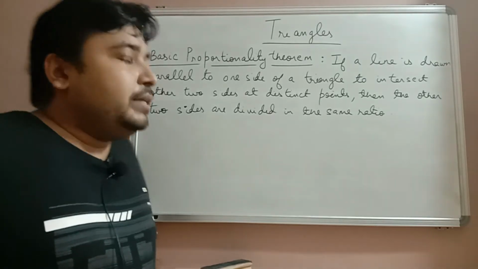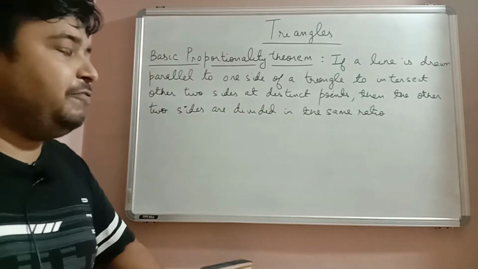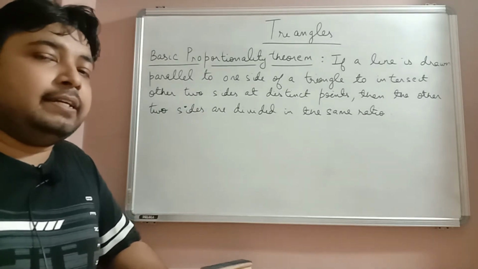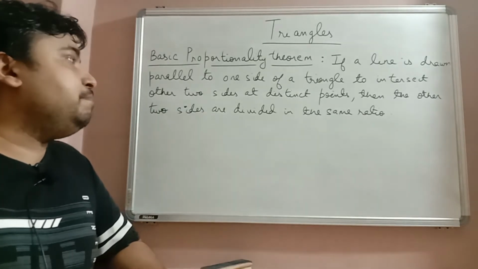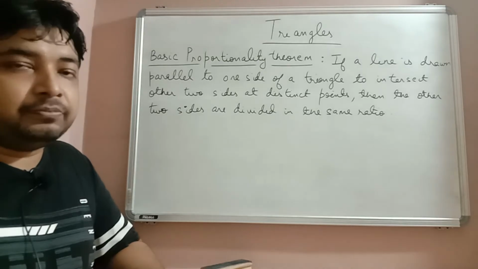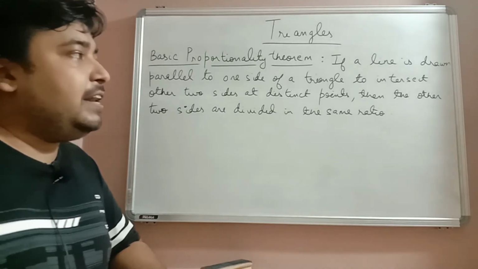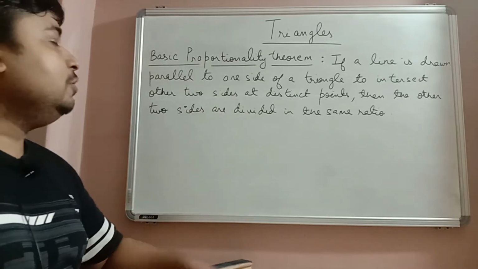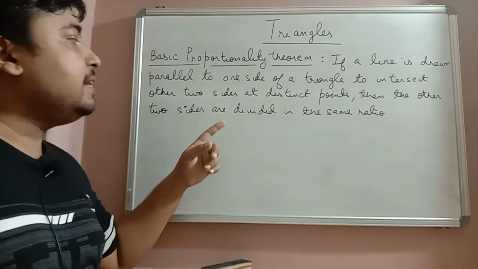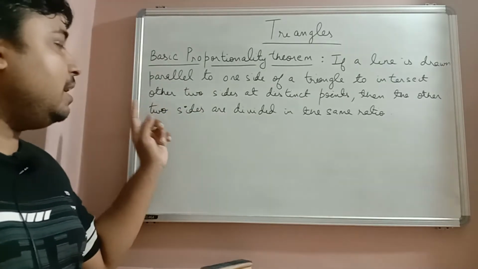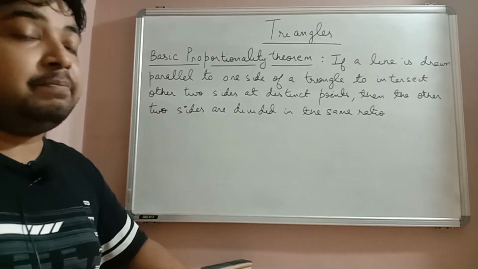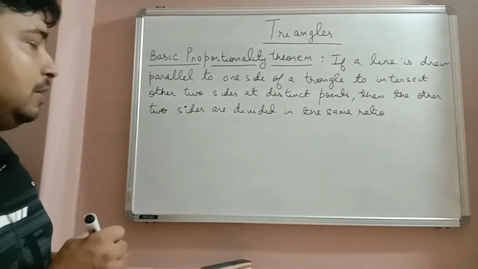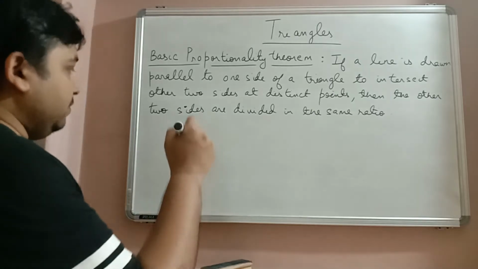Alright students, let's take up a very important theorem based on triangles, that is known as the basic proportionality theorem. It states that if a line is drawn parallel to one side of a triangle to intersect the other two sides at distinct points, then the other two sides are divided in the same ratio. Now let's understand this with the help of a figure.